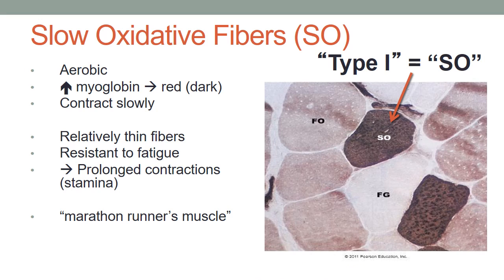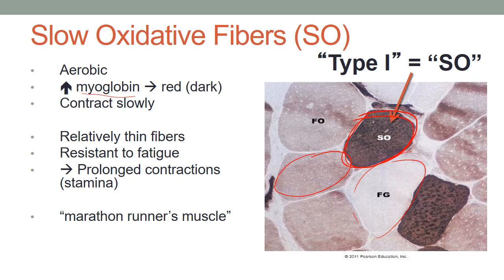So if you look at this microscope image, you can see there are some very dark fibers, some very light fibers, and some halfway in between fibers. And those are going to be the 3 types of fiber. So the type 1, very dark, so it's got a lot of myoglobin, and very thin compared to the other ones, so it's going to contract fairly slowly.